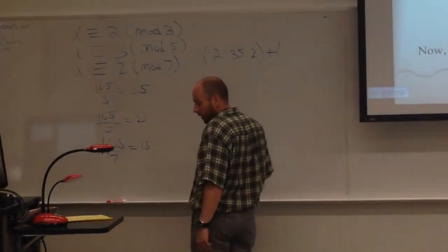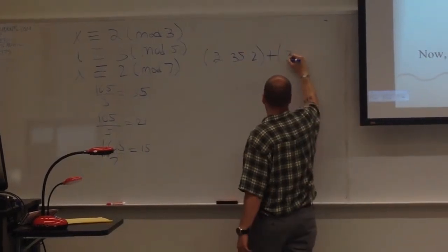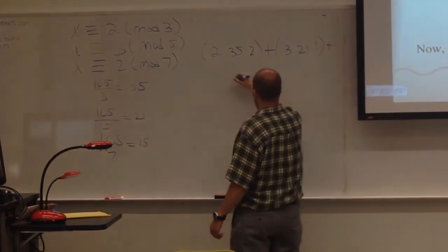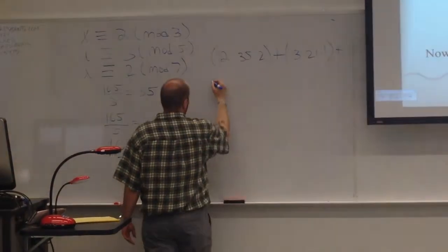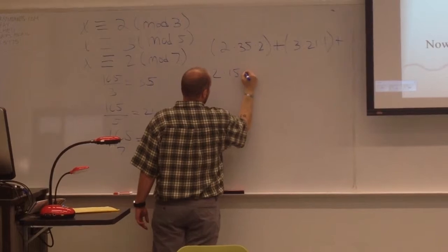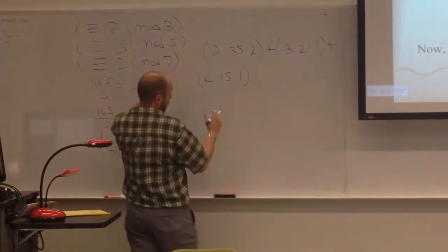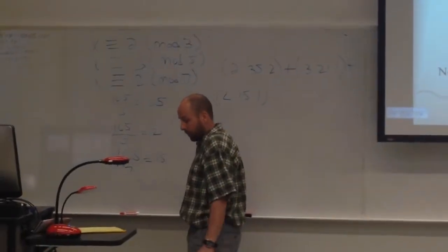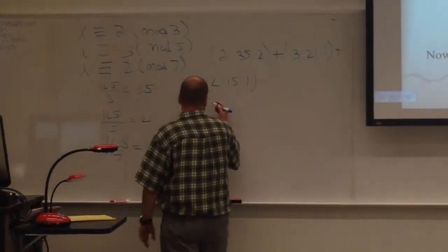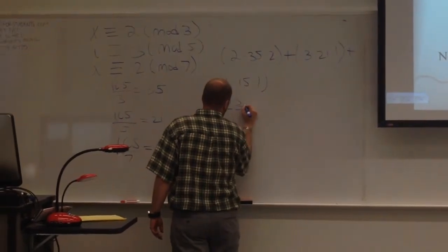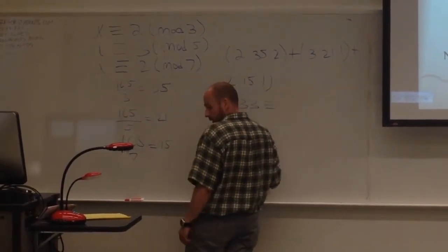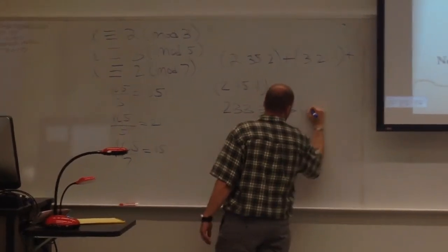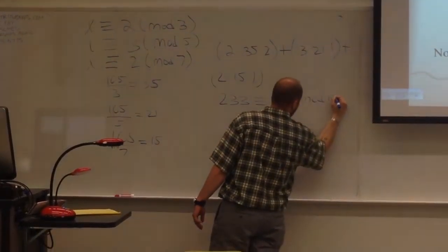Plus, I erased it, it was 3 times 21 times 1, plus 2 times 15 times 1. That's what we just solved previously. So, doing the general arithmetic, we get that this is 233, congruent to 23 mod 105.